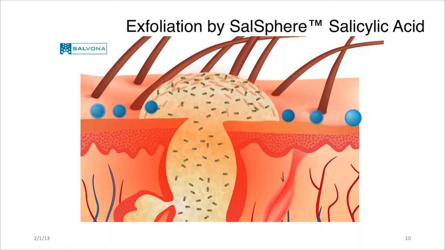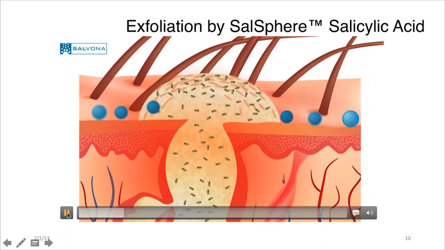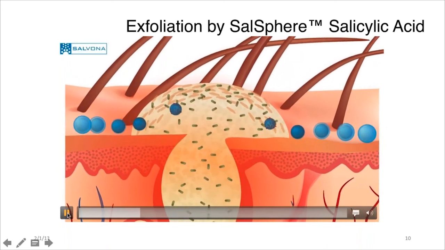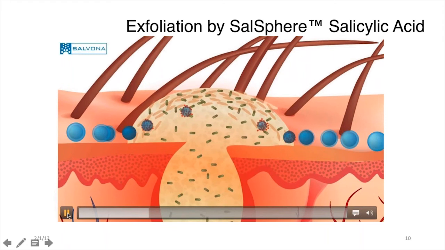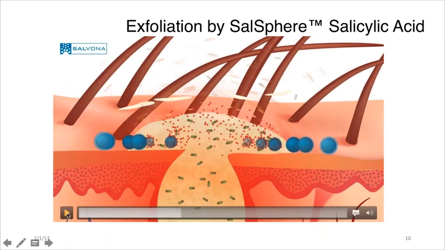Once the particles integrate into the pimple, they dissolve, like oil dissolves in oil, and they start to release salicylic acid. The salicylic acid then starts to exfoliate, to break down the pimple and the skin around the pimple.